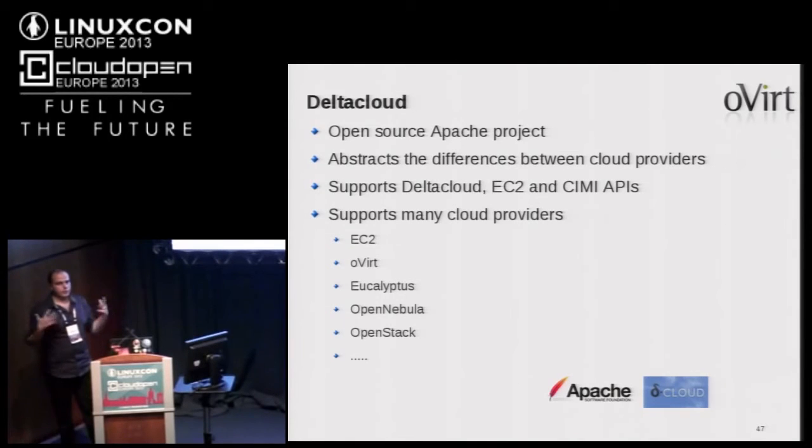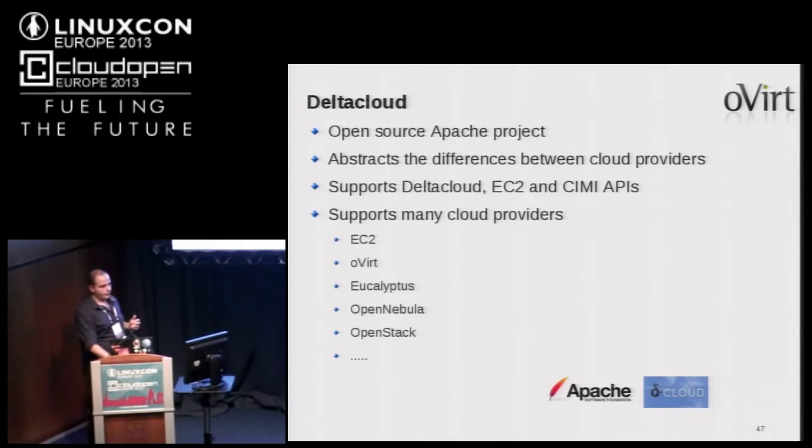It basically exposes specific 3 types of APIs on top of all the cloud providers it supports. So it gives you a way to work with different cloud providers using a unified API.